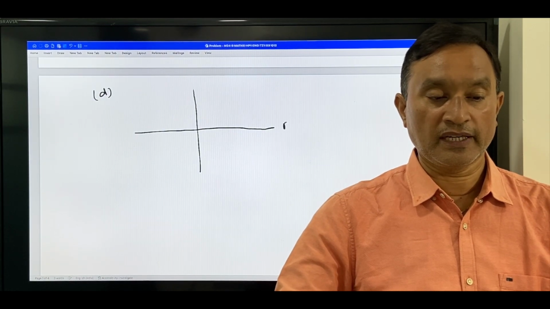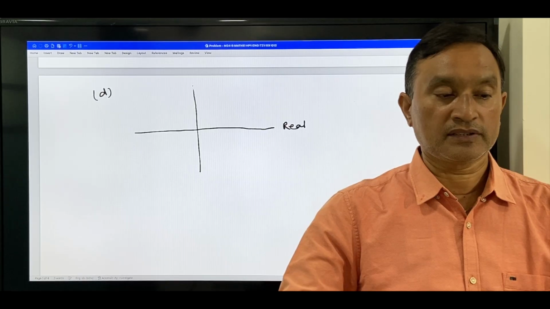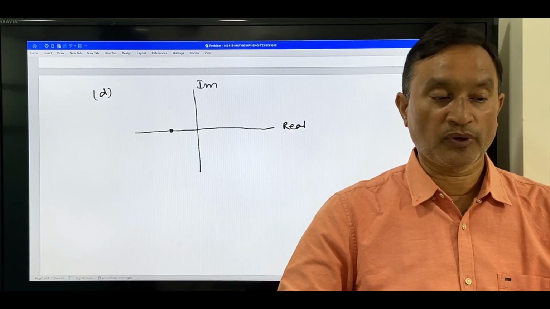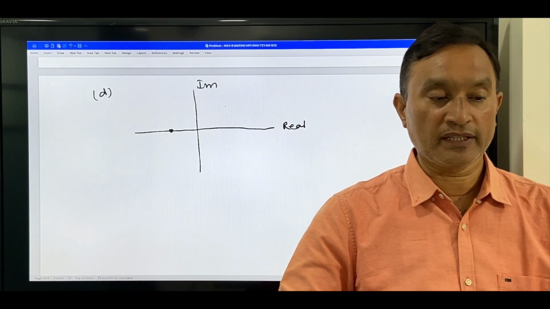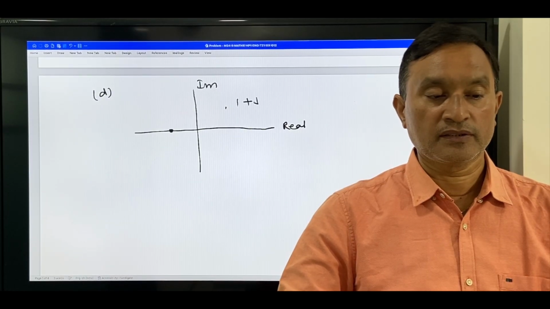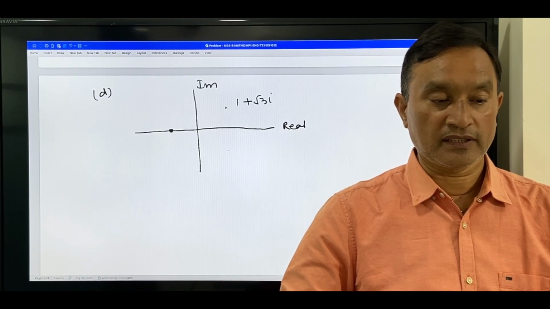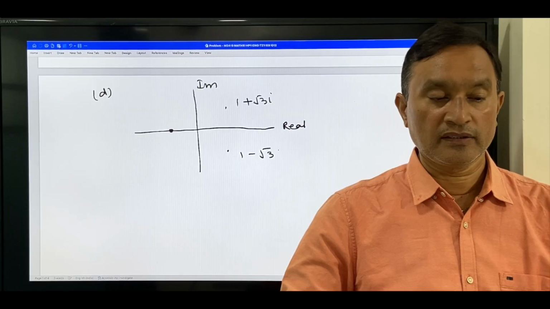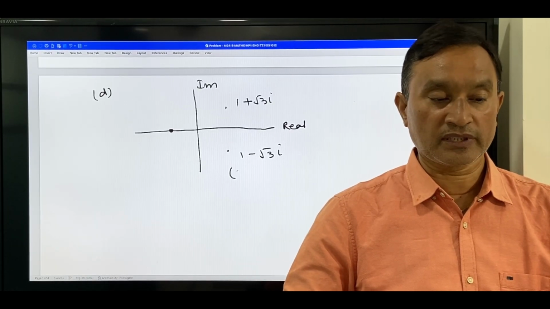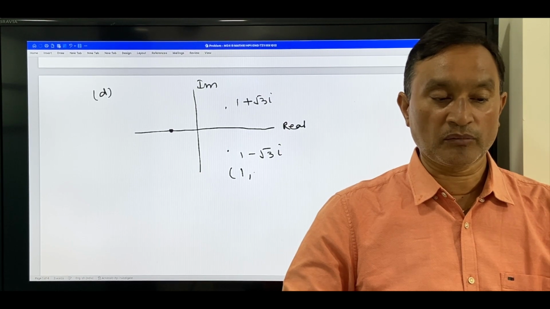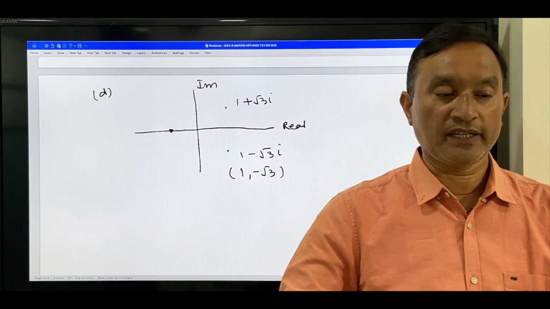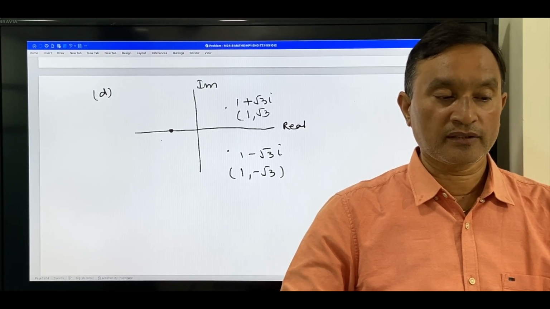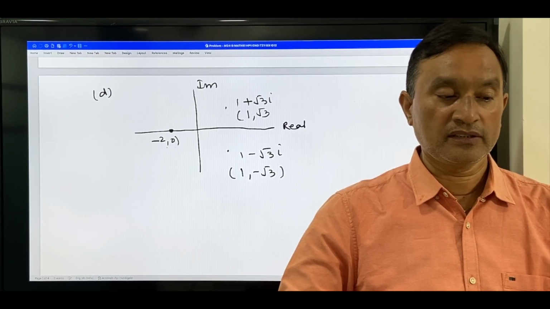This is your real axis, this is your imaginary axis, and minus 2 would be the point here, and one of the points is 1 plus root 3i, and another one would be here, 1 minus root 3i. As far as the coordinates are concerned, it would be (1, minus root 3), and here the coordinates are (1, root 3), and here the point would be (minus 2, 0).